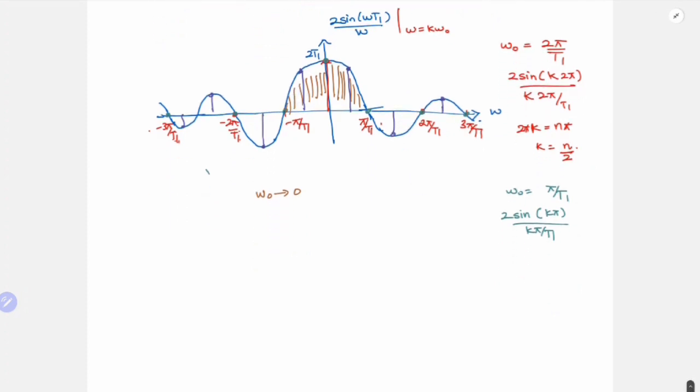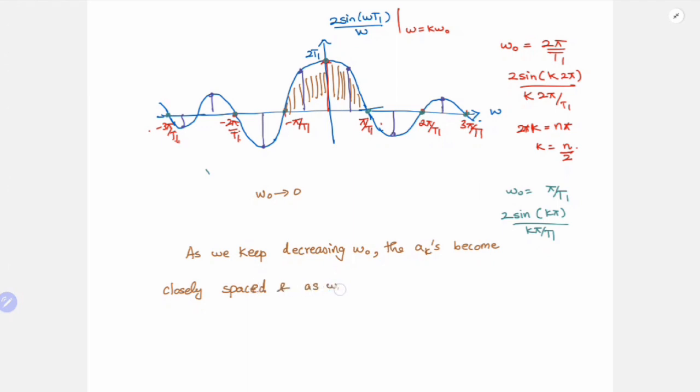So what did we observe? As we keep decreasing omega naught, the AKs, the Fourier series coefficients, become closely spaced, right?